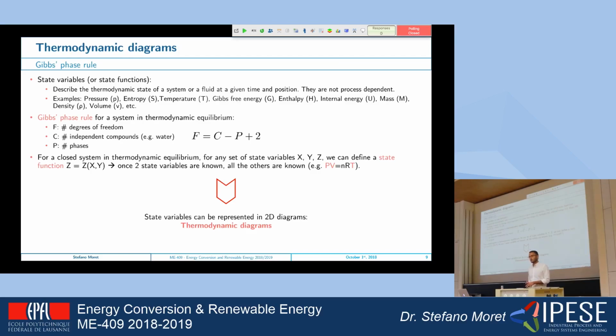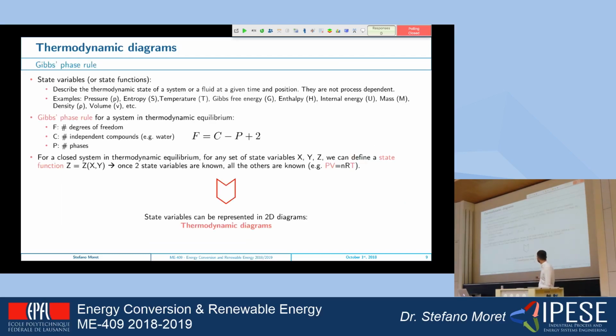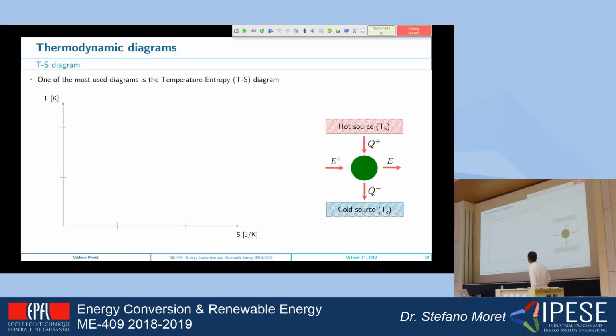What is the consequence of this? Since we have 2 variables, we can plot the properties of a system in what are called thermodynamic diagrams. So every property of a system can be plotted on a 2D diagram. One of the most used diagrams is the so-called temperature entropy diagram, the TS diagram, and let's see a generic cycle.